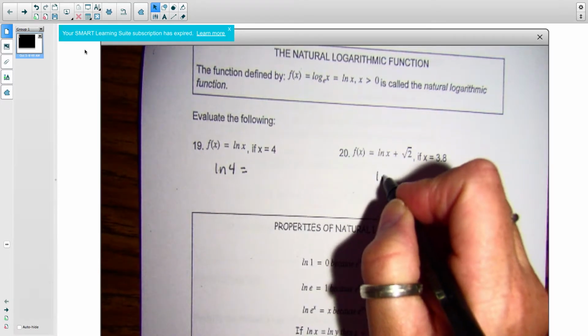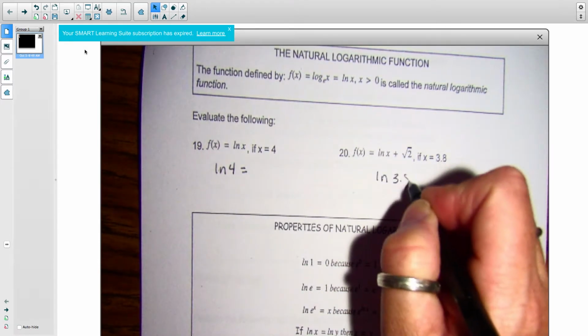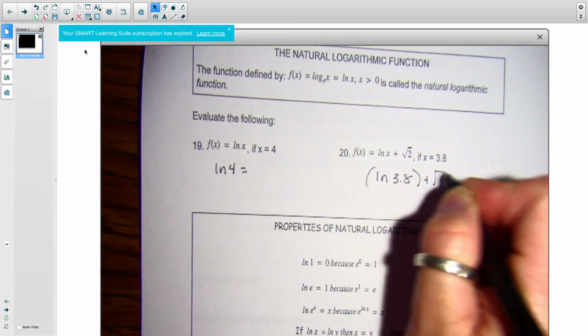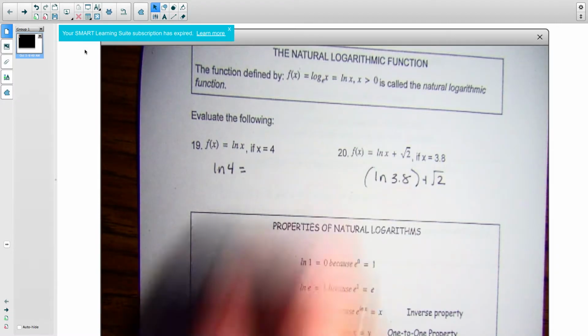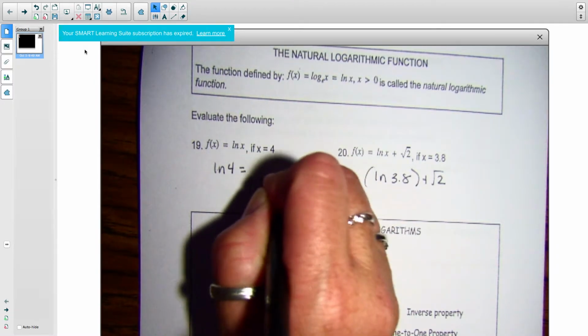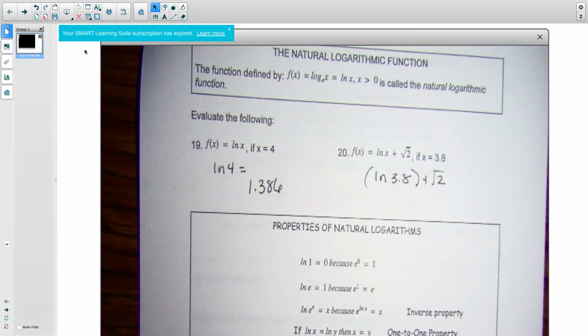Over here, you're going to take the natural log of 3.8 plus the square root of 2. So what do you get for 19? What do you get for number 20?